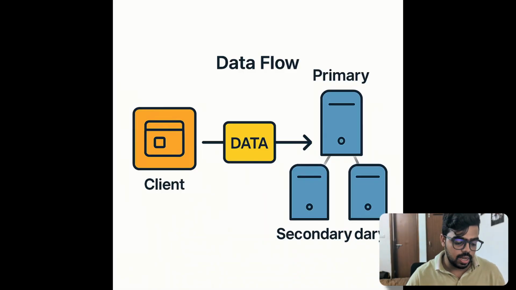So now let's go through the data flow. Data flow is the flow that involves data directly. These are the flows where you read the exact data or write the data. So how does this work? The client sends data directly to all the chunk servers holding replicas.